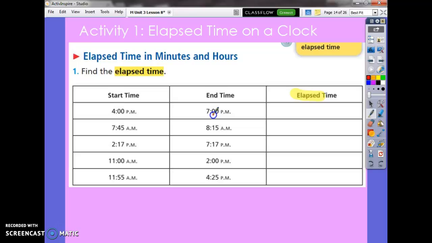If I just have zeros in my minutes, that's the best possible way to start, because I can just cross out these zeros and ask myself, what's the difference between the 7 and the 4? Difference means subtract. So 7 minus 4 would be 3. The difference between 7 o'clock and 4 o'clock would be 3 hours.